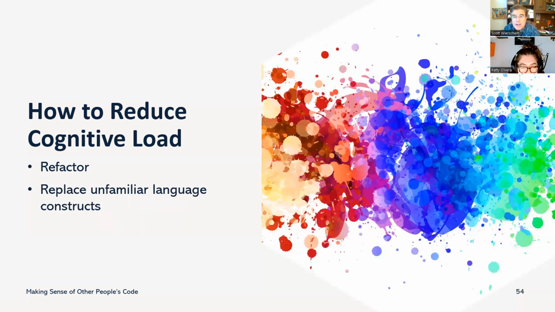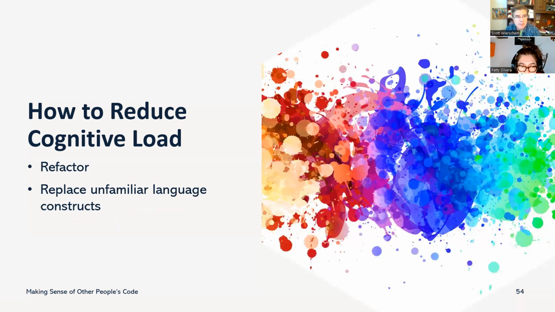Okay. Another thing you can do is you can take unfamiliar language constructs and replace them with more familiar language constructs. Like in Python, we had that new construct that we were unfamiliar with, and we're trying to learn it. And you can just go and replace that with a couple of loops.